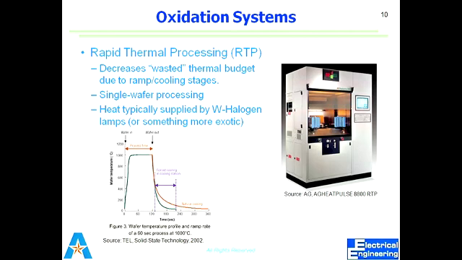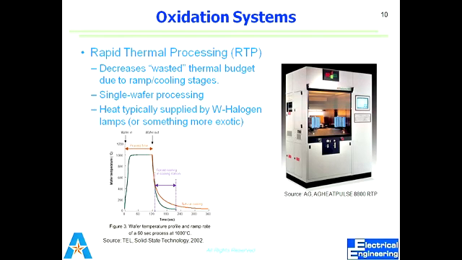What is it in the fast ramp process? That rate is 50 to 75 degrees centigrade in 1 second, not in a minute. So in just a few seconds, you heat it up to 1000 degrees centigrade.